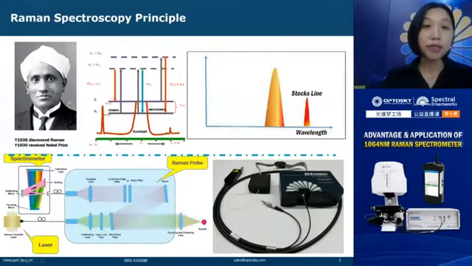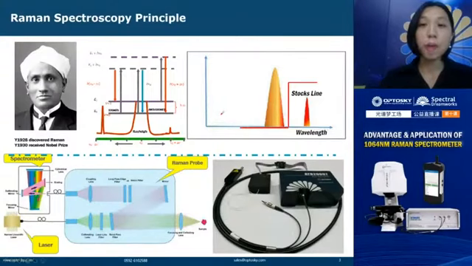We can see this sketch vividly explains the Raman spectroscopy principle. We focus on the Stokes lines and anti-Stokes lines to make analysis with Raman spectrometers.